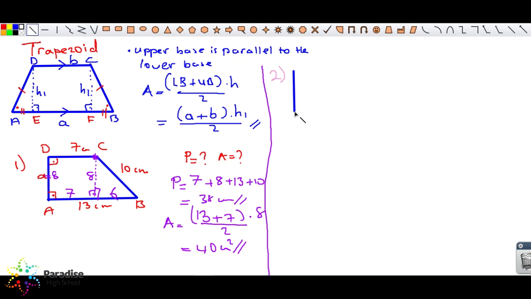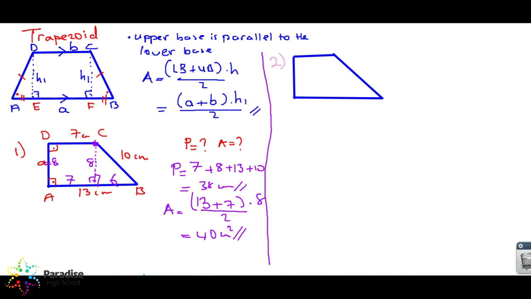It's a right trapezium. Quickly draw one. Here we go. And then say that this is D, that is C, this is 90, this is 90, that is B, and this is A, 12 cm, this is X, and that is 5 cm.